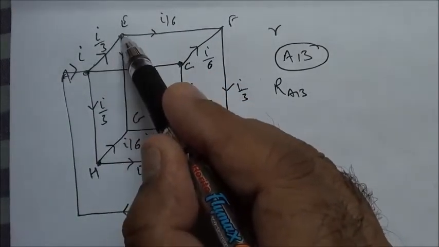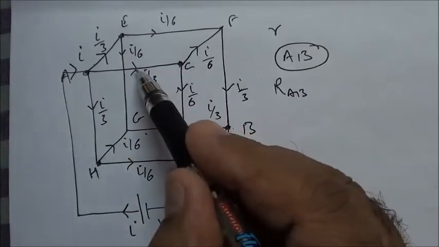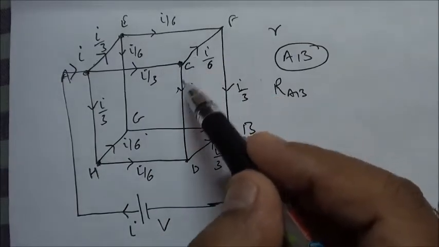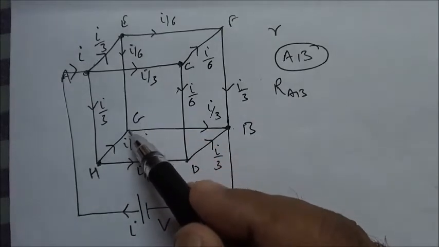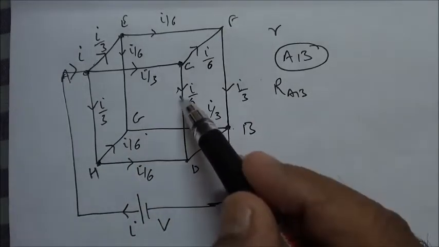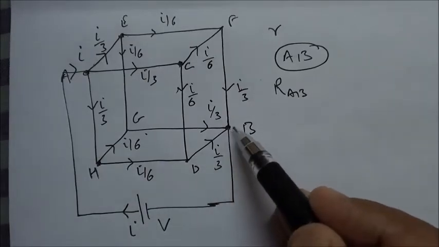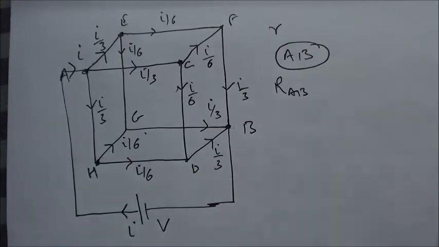At this point, I by 3 coming, I by 6 plus I by 6 makes I by 3. I by 6 is this, I by 6 coming from here, I by 3 reaches here. I by 6 from here, I by 6 from here, I by 3 reaches here. So at each point, the first law is okay.